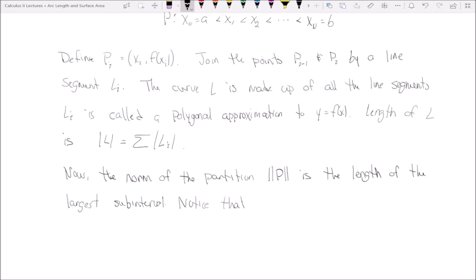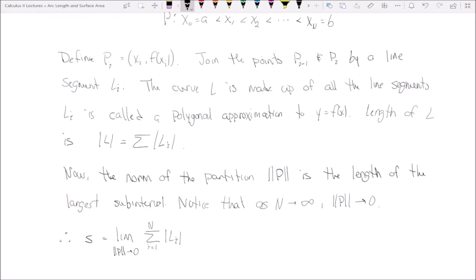Notice that as we let the number of subintervals increase to infinity, the norm of the partition is going to decrease to 0. Therefore, what we say is our arc length S is the limit as the norm of the partition approaches 0 of the sum i equals 1 to n of the length of L sub I.